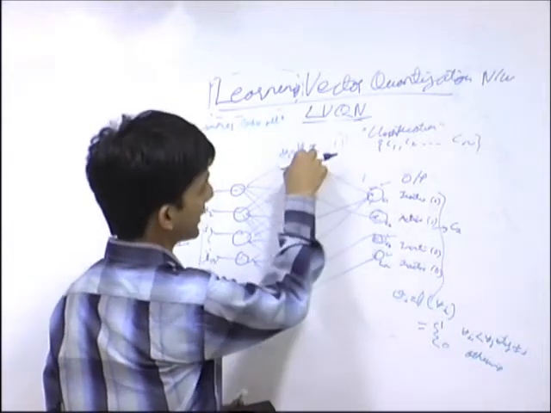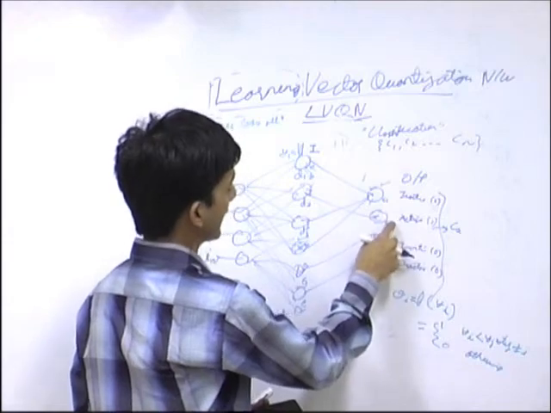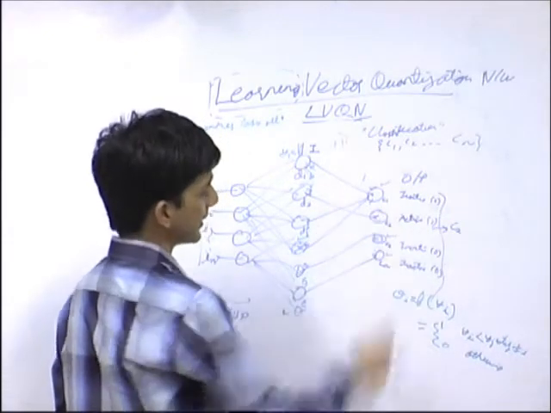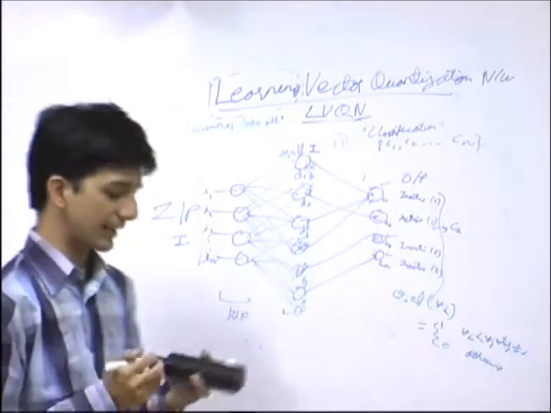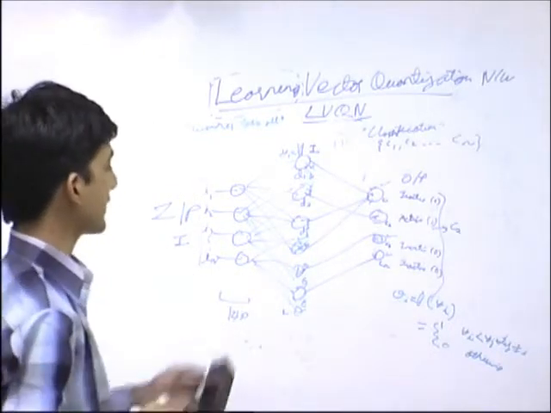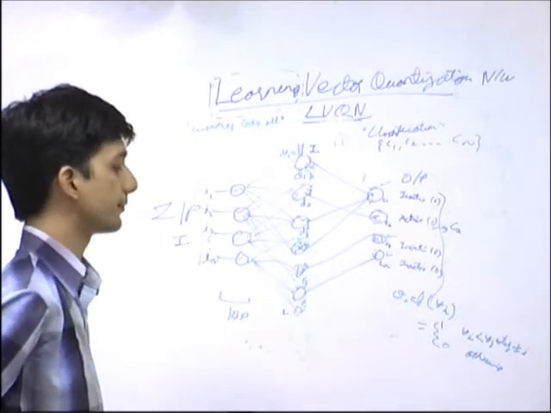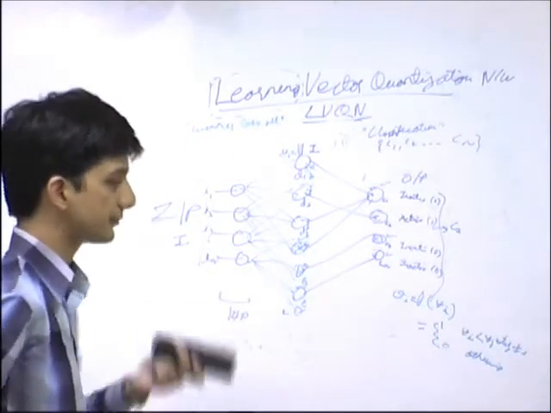So whenever this neuron gets activated, this is the class that will get activated. Whenever this neuron gets activated, this is the class that will get activated. Whenever this neuron gets activated, this class gets activated. This is in case any input can belong to any one of the outputs. This is what the map will come out to be.